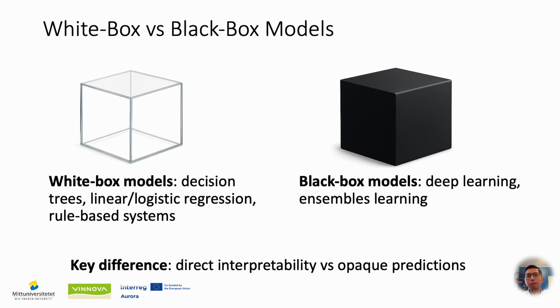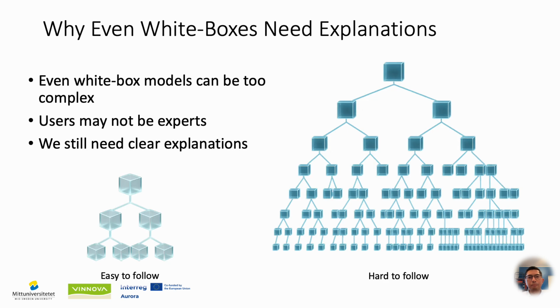Black box models are often powerful, but hard to trust, while white box models are more transparent, but not always simple to understand. That is why we need explainability to open up the black box and make AI decisions more understandable and trustworthy.